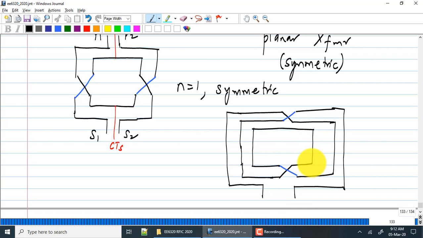So let me see. Yeah. And this is your center tap if you want. It'll look like this, right? Because you have two crossovers.